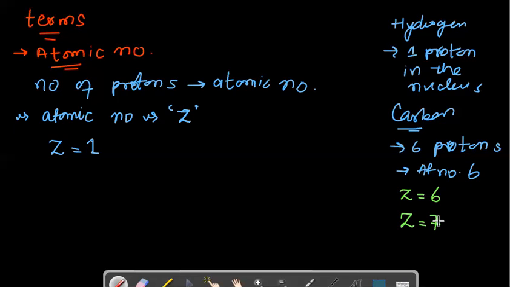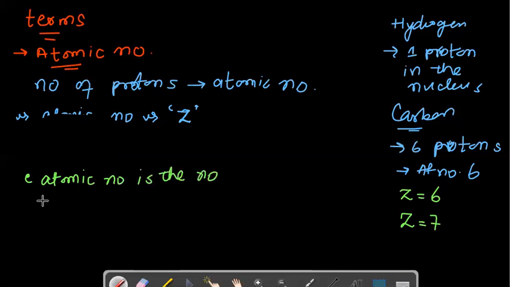Okay, so if you just define this terminology, you will say that the atomic number is the number of protons present in the nucleus.